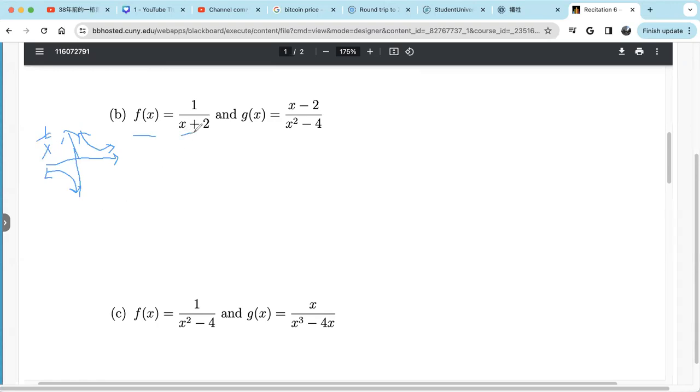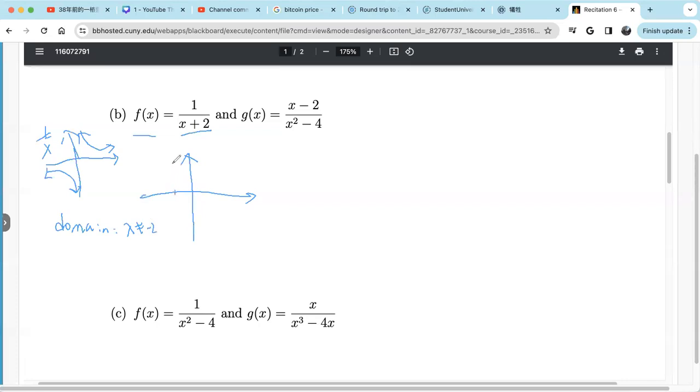And then what is this? This is just a horizontal shift to the left 2 units, right? So if 1 over x is here, and the y-axis is the vertical asymptote, but, oh, let's write down the domain. The domain is x not equal to -2.